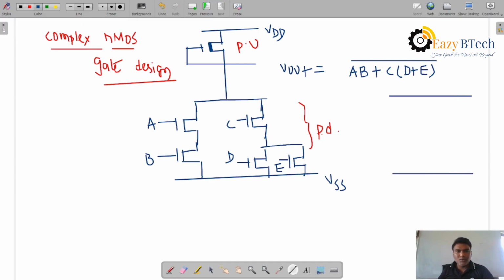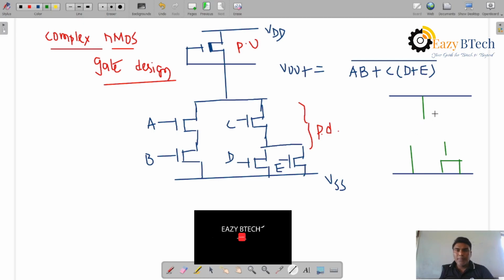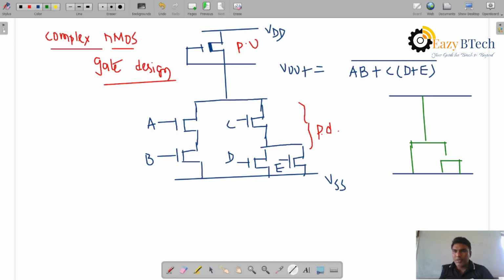Red over green, so this is a green color, and this is also green color. So green and green over here. We can connect this one with a green, and we may also connect from here to here, green, right? So what is the red? Red is here, the short circuited polysilicon.